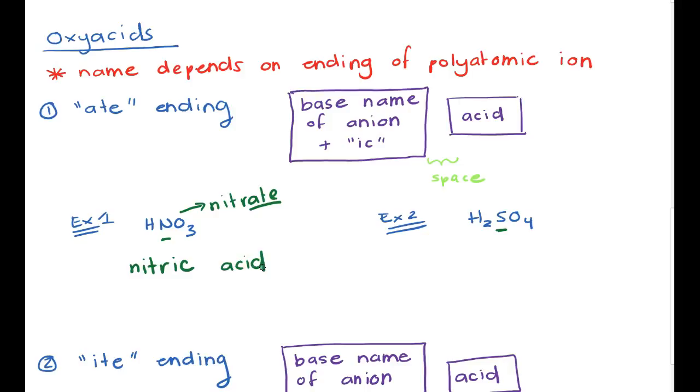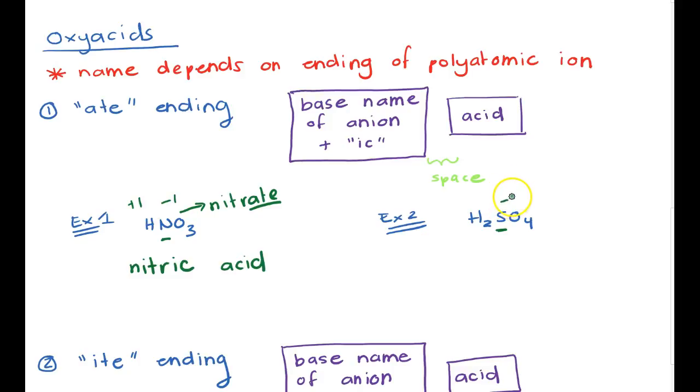For the next one, H2SO4, one thing we may wonder is why we have 2 hydrogens here. That's because each one of those hydrogens has a +1 charge. For example, we know nitrate has a -1 charge, so the +1 balances out. We just need one of them.